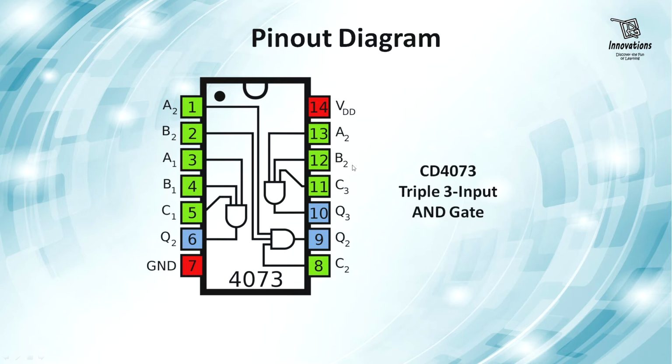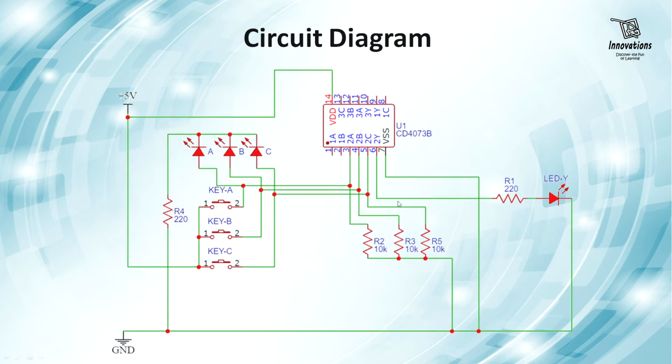Now let us have a look at the circuit diagram. This is the circuit diagram where we are using the CD4073 IC. We have used pin number 14 to connect to the positive power supply, pin number 7 to the negative power supply, and pins 3, 4 and 5 as the input section. In the input section, we have used 3 switches, switch A, switch B and switch C, which will provide the input to this IC. When we press a switch, this indicates a high state, and when we release the switch, it indicates a low state.